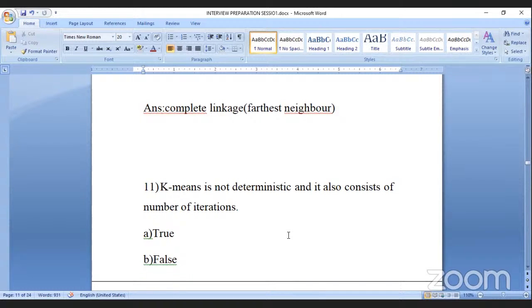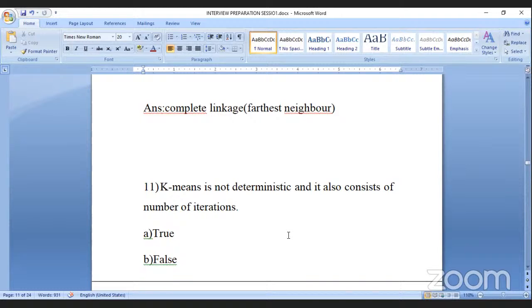Very simple question. Come on, answer for the 11th question, friends. True.